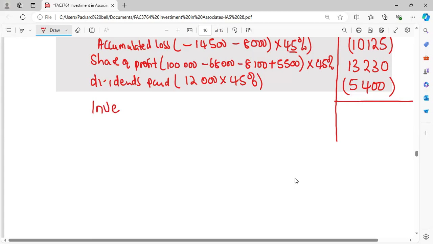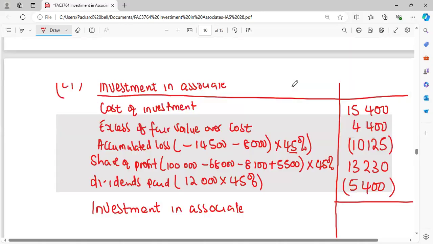Then we have our investment in associate. So let's start to add and subtract from the top, which means we are going to have 15,400 plus 4,400 minus 10,125 plus 13,230 minus 5,400.